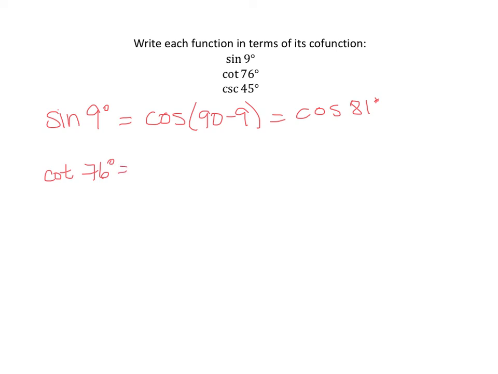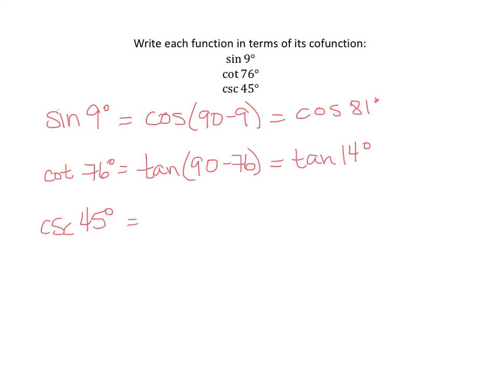The cofunction of cotangent is tangent, and I need the complement. That makes this the tangent of 14 degrees. And then finally, cosecant of 45 degrees. The cofunction of cosecant is secant. So it would be the secant of 45 degrees.